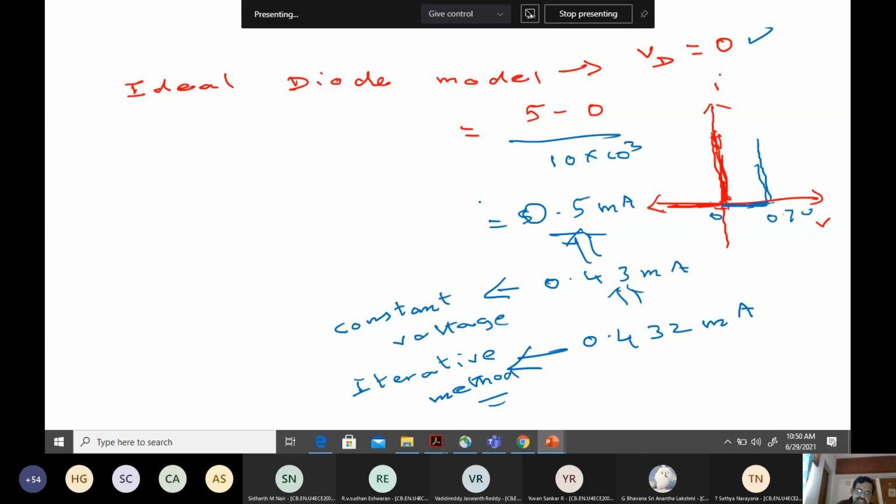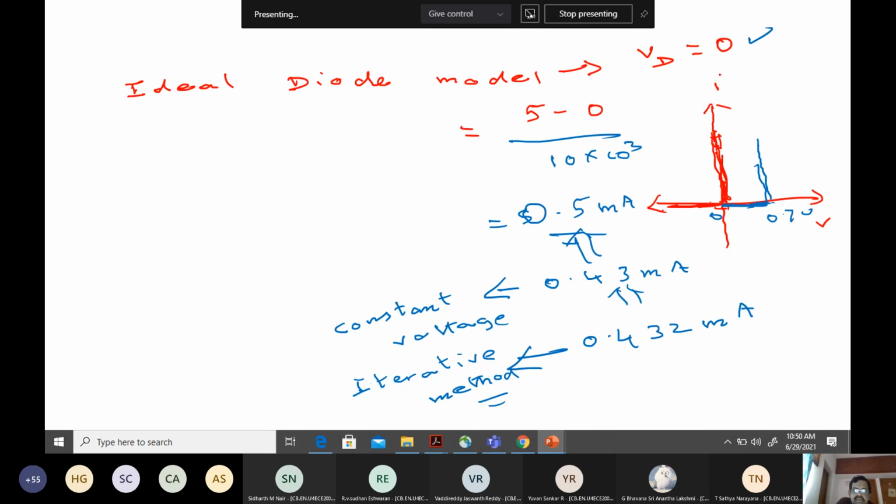So think about this. In a complex circuit like we have done in the class, if there are multiple diodes and I want to know which of the diodes are in forward bias and conducting, I want to perform a quick analysis whether the diode is on or off.